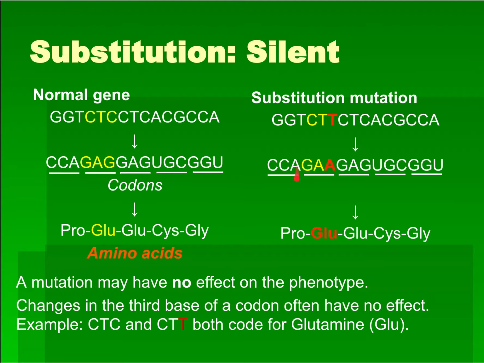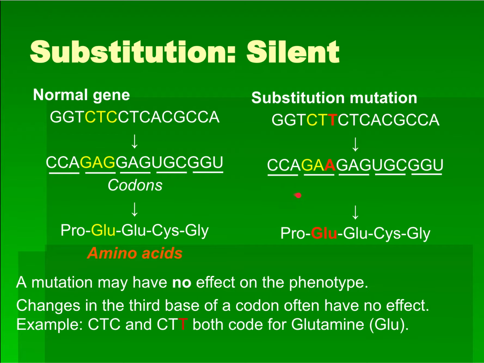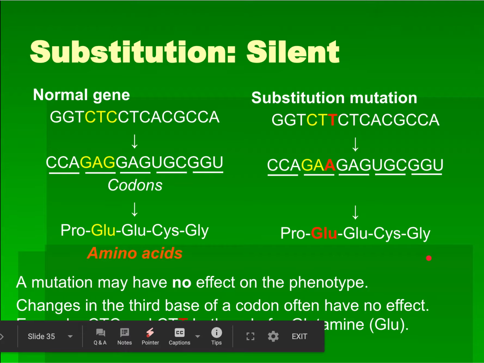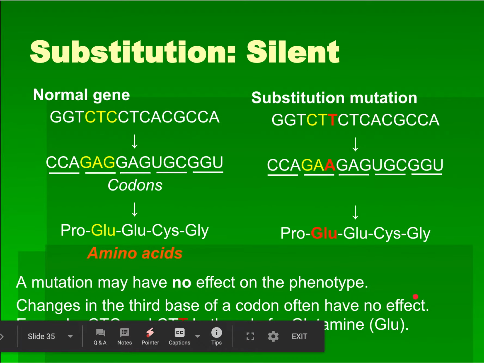So when we put this into our wheel, GAG is glutamic acid, and GAA is also glutamic acid. So this synonymous point mutation did not do anything to the protein strand. This would have absolutely no effect on the phenotype.